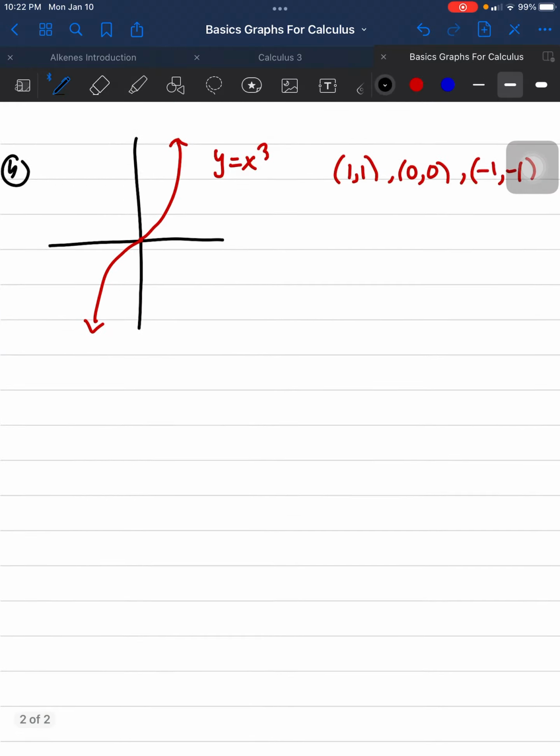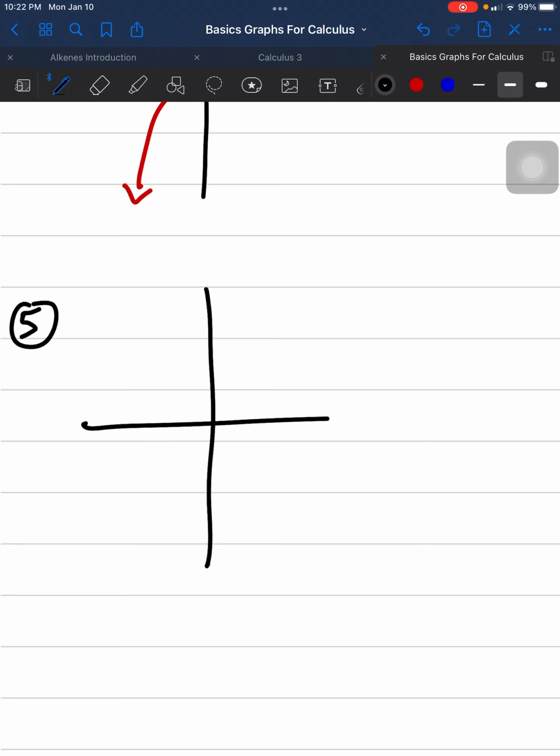Now, for the fifth basic graph, we have x to the third power, the third root of x. And it looks like this.